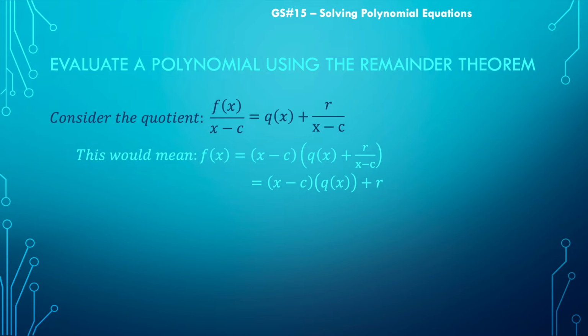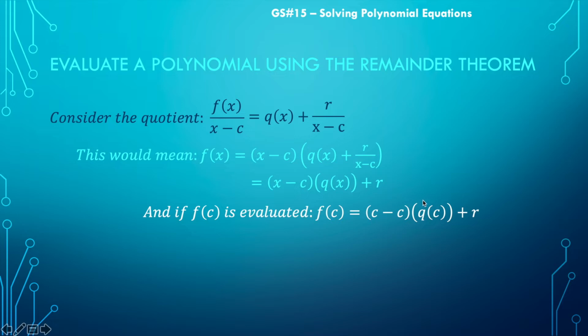So what if we took that f of x, which we now know to be equal to x minus c times q of x plus r, and we evaluated f of c? That means we would replace x with c here and here, right? So f of c would end up being c minus c times q of c plus r. But what happens here?